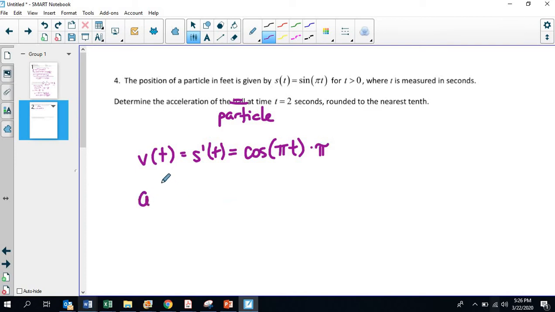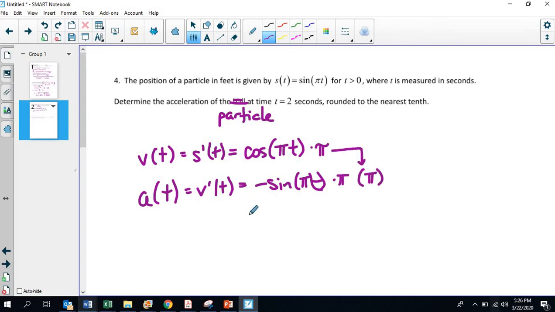And then to find the acceleration, that's the derivative of velocity, and the derivative of cosine is negative sine of pi t times pi, but then of course we already had a pi from here. And so we get negative pi squared sine of pi t.